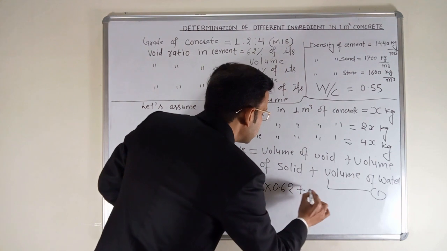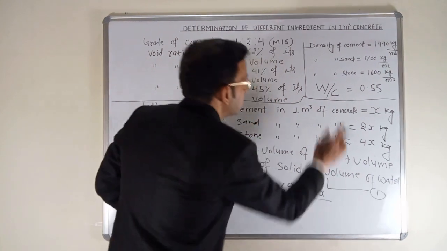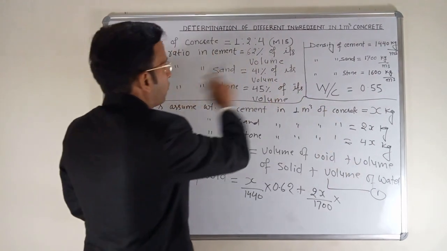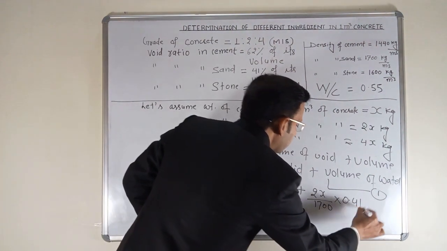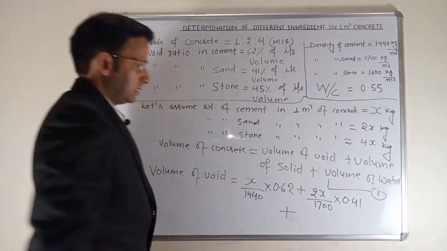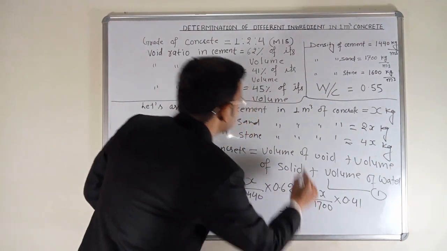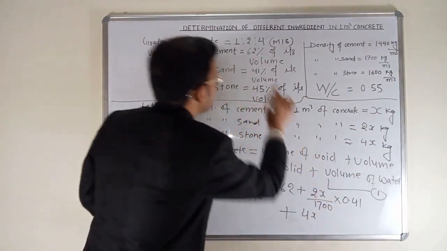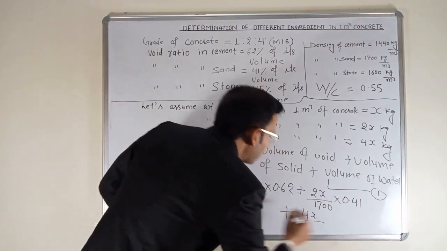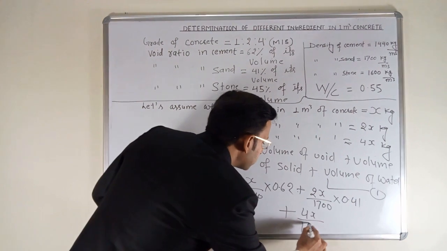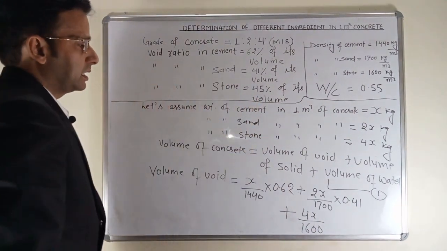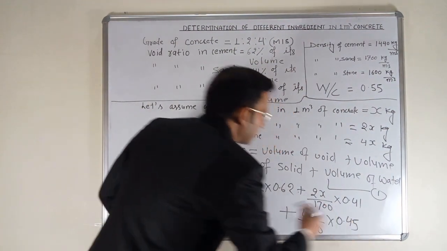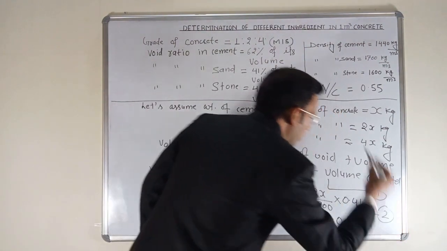It means 2x upon density of sand 1700 multiplied by its 41%, 0.41, plus for the stone, 4x since the ratio is 1:4, upon density of stone 1600 kg per meter cube, and the percentage is 45%, 0.45. This is equation 2.